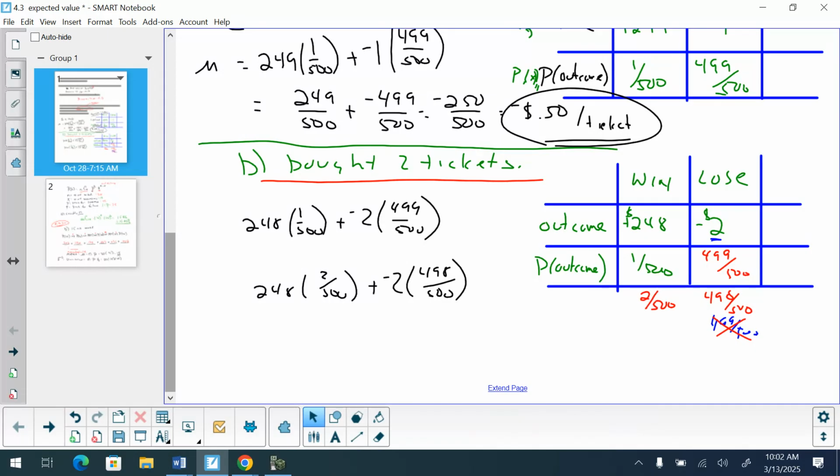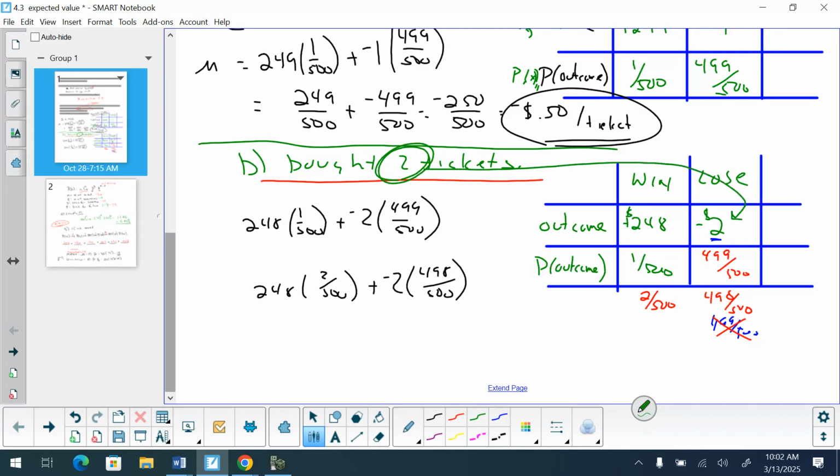I would accept either of the scenarios, but the 2 that we're trying to throw in, because we bought 2 tickets here, gets thrown in right here. Once again, I would accept either or.